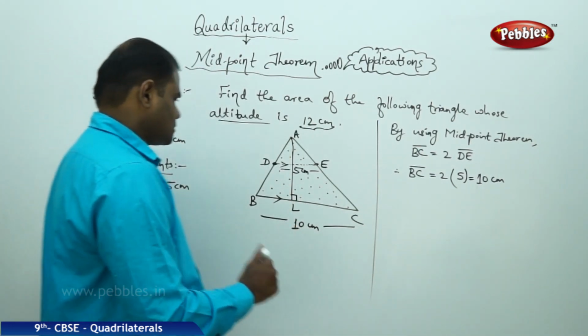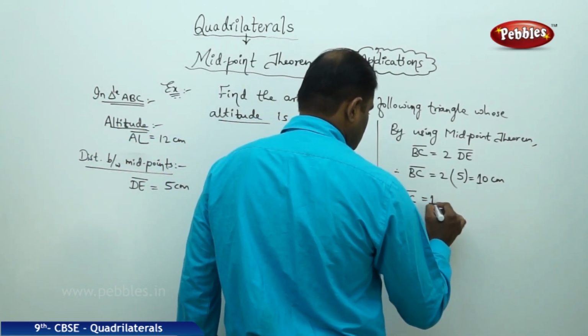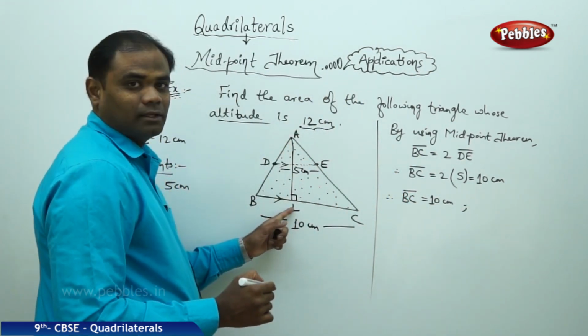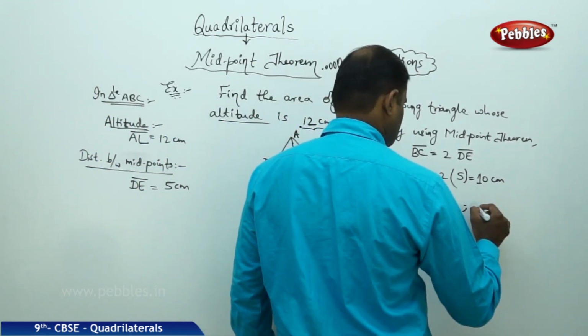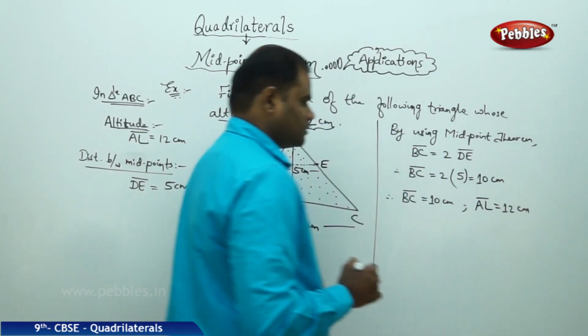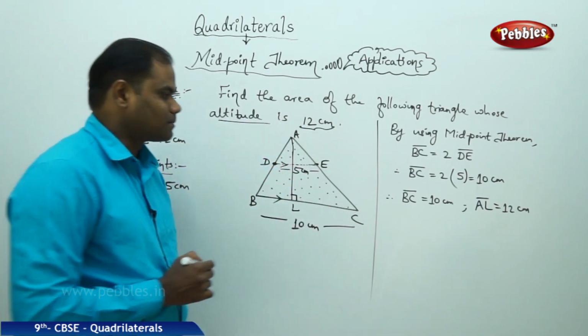So the length of BC is 10 centimeters and the length of AL is 12 centimeters, as given in the question. The altitude is 12 centimeters.